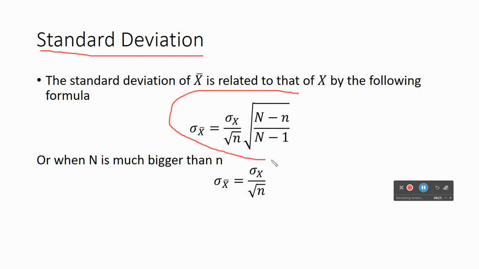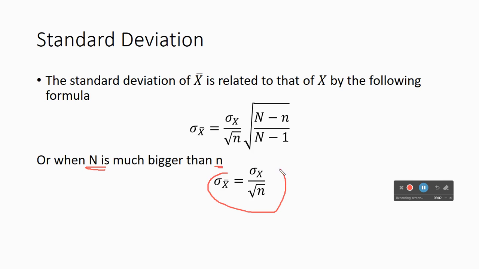The standard deviation of x bar is equal to the standard deviation of x divided by the square root of n, times the square root of capital N minus little n over capital N minus 1.